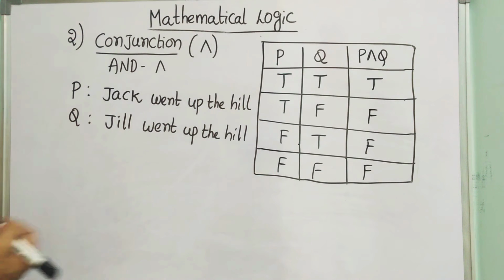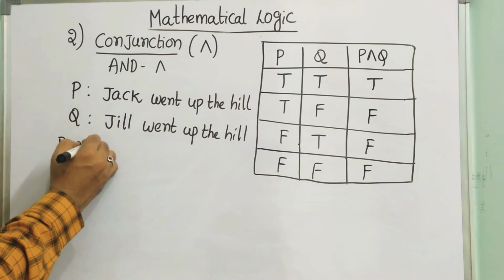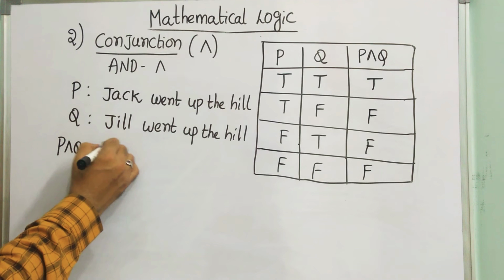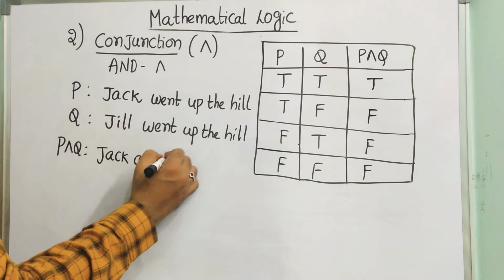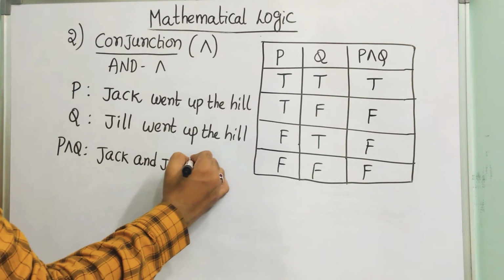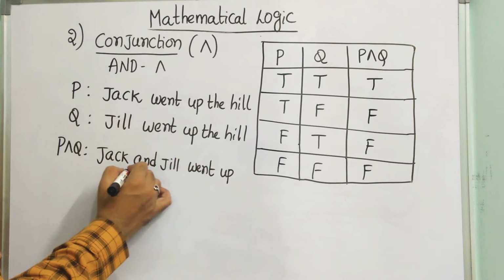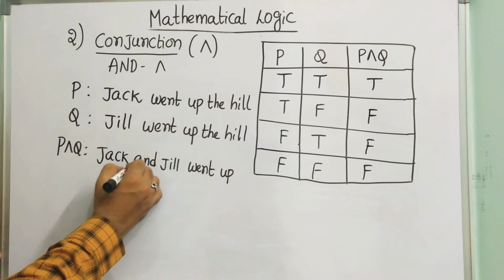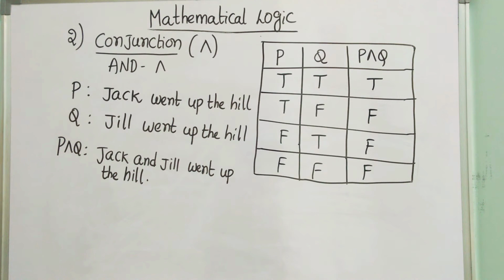Now, the conjunction operation P and Q can be denoted as Jack and Jill went up the hill. So this is how we can write the conjunction operation.